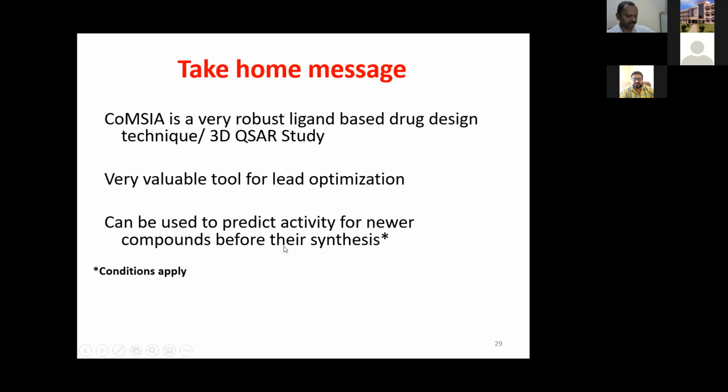So altogether, my take home message is that COMSIA or COMFA is a very good, robust ligand based drug design technique, even though they are decades old. But still they find a place in drug discovery and drug design. Still they are promising, I want to say.